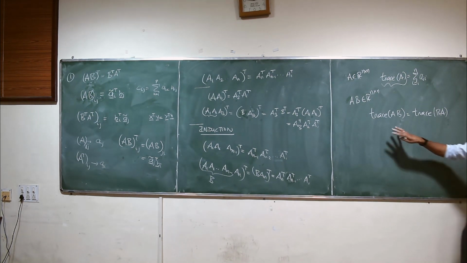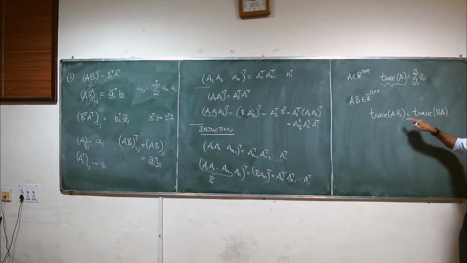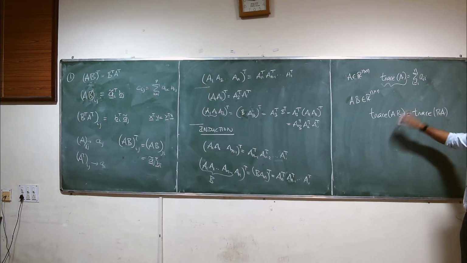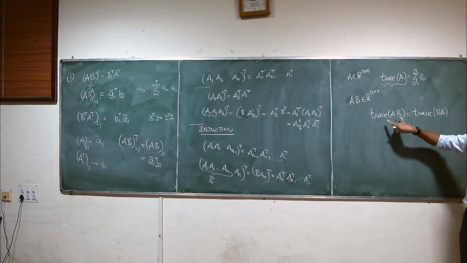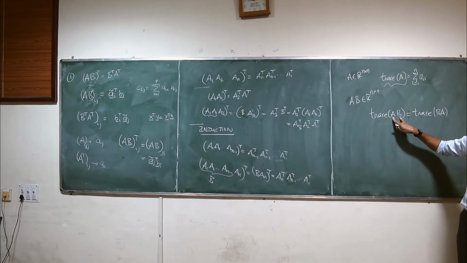Well, let's look at the problem and break it down. We're dealing with the trace of a matrix. Trace only depends on the diagonal elements of this matrix.